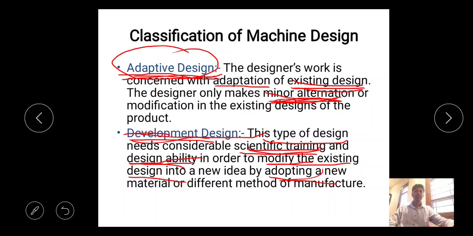If it consists of both adaptive design and new design, then it is called development design. Adaptive design is nothing but minor alteration in an existing design. Development design includes both a new design and adopting small changes or minor alterations. Such design is called development design.